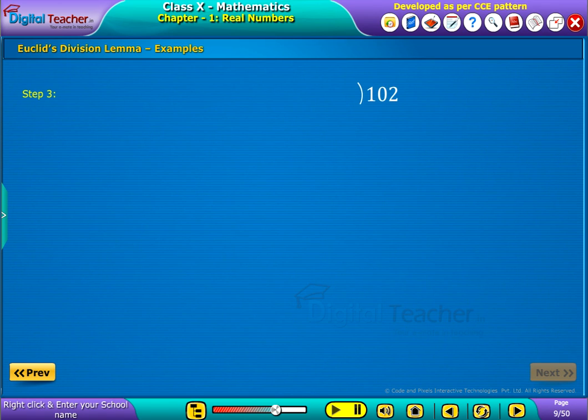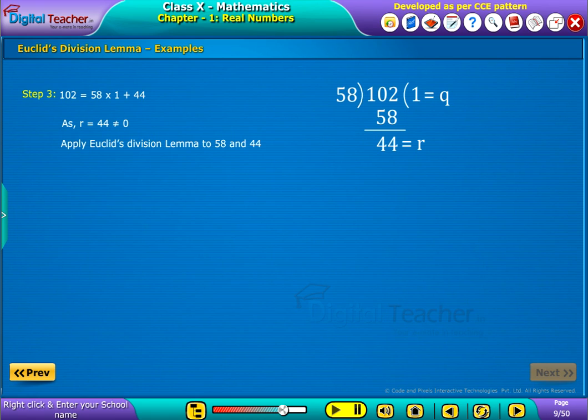Step 3. 102 is equal to 58 into 1 plus 44. As r is equal to 44, which is not equal to 0, apply Euclid's division lemma to 58 and 44.